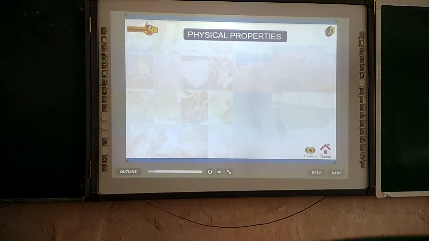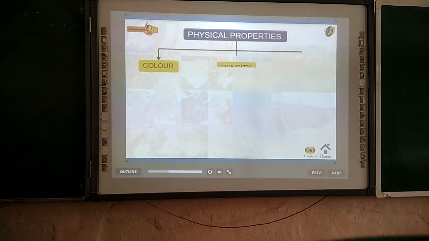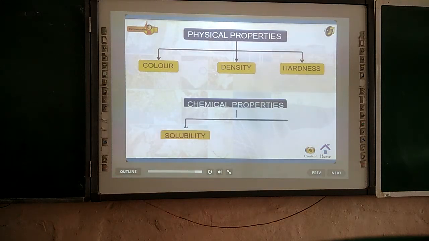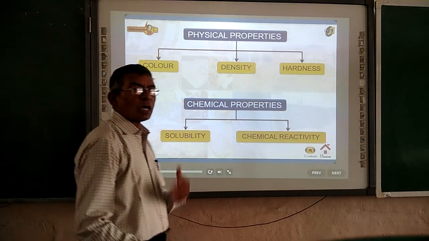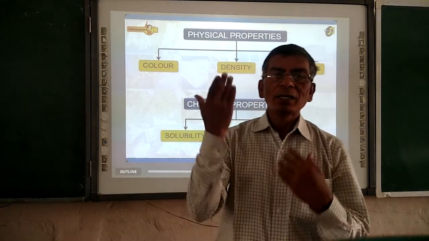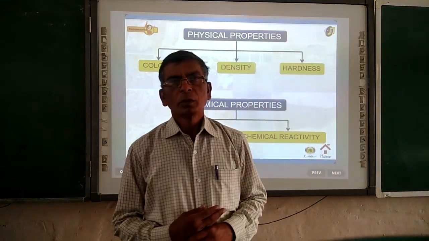Physical properties. The physical properties of minerals are color, density, and hardness, while chemical properties are solubility and chemical reactivity. Here you see, physical factors mean the basis on which minerals can be identified.